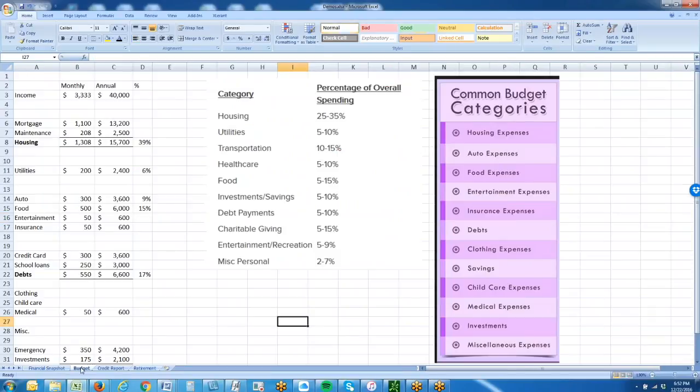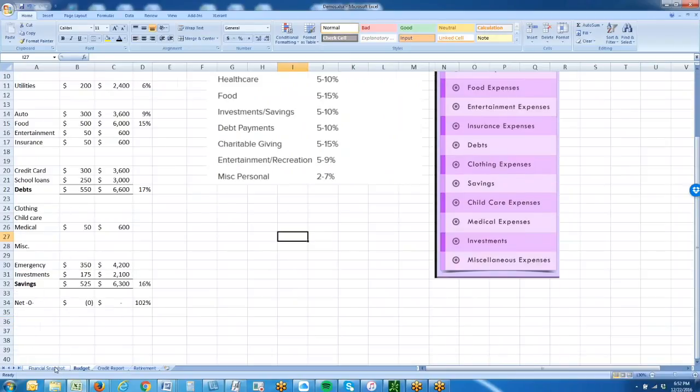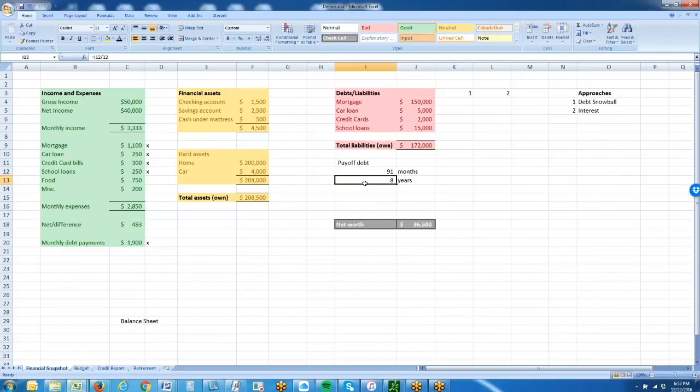But if we could use our budget now, that information is in our budget. But let's just stick with this one for right now. We said it would take us 91 months to pay off our $172,000, or 8 years. We're just paying off based on our assumptions from the earlier video.